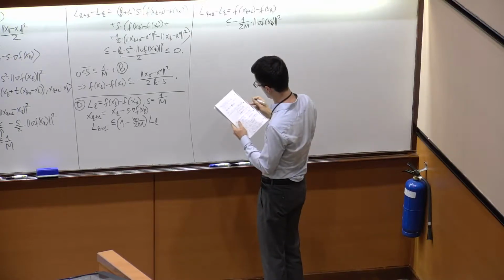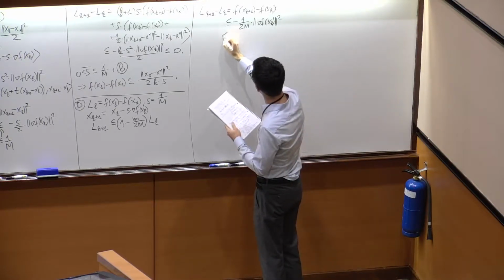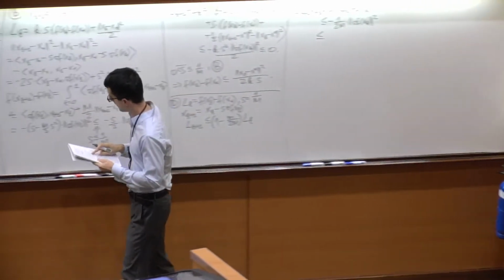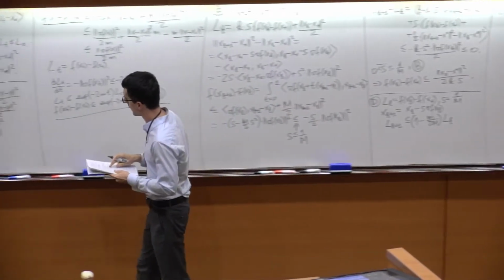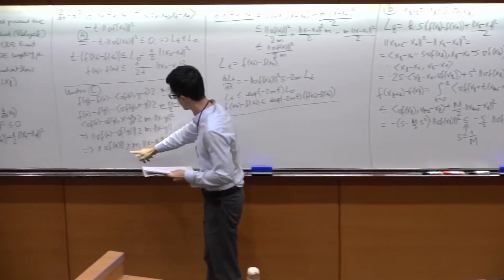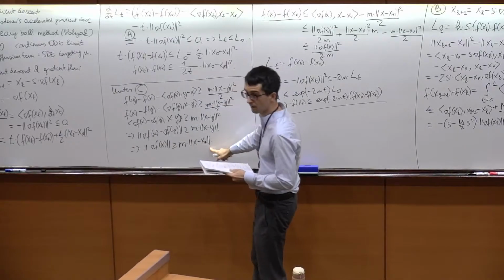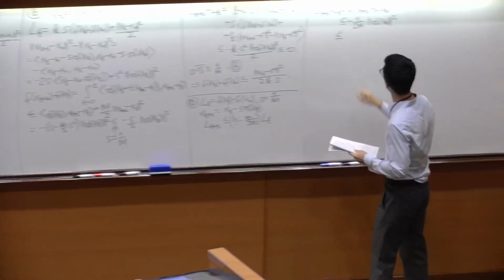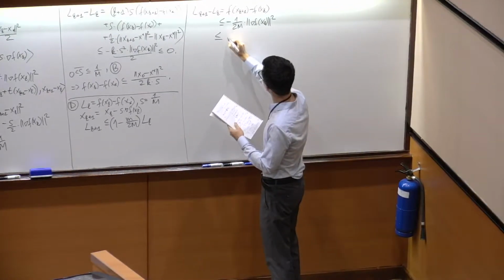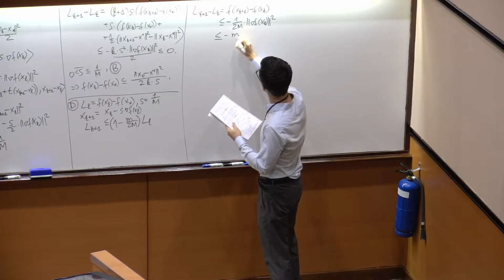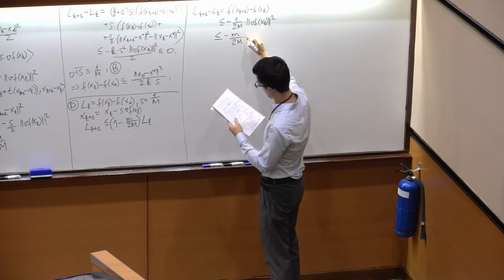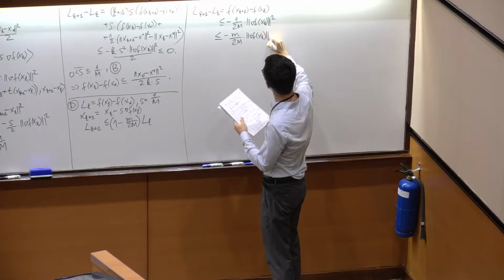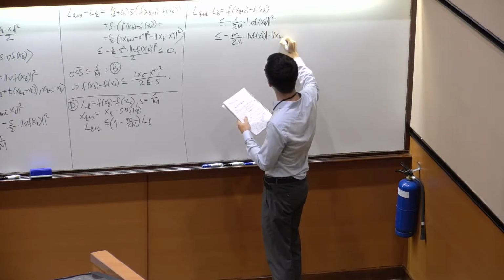And then using the result about strong convexity, you are able to bound this by minus small m over 2 capital M times gradient f xk times xk minus x star.